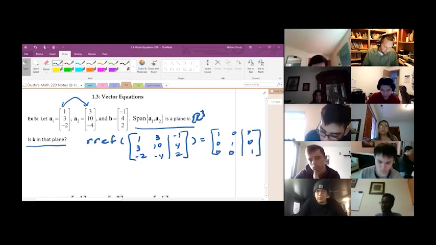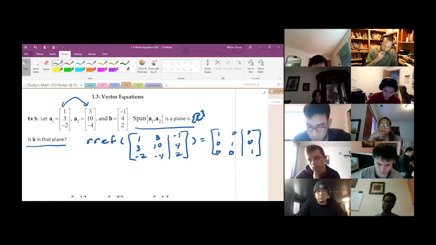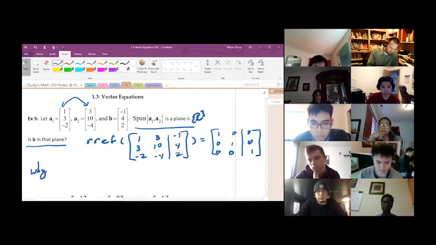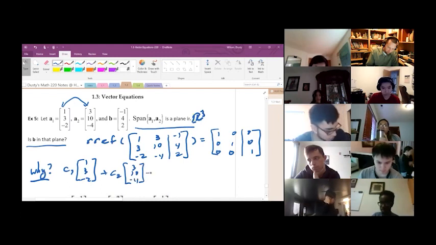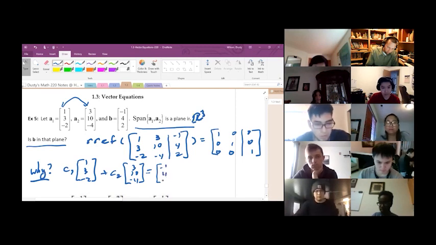And you might be asking, why is it that we can do this? Because here's the context. We're asking: C1 times (1, 3, -2) plus C2 times (3, 10, -4) equals (-1, 4, 2).